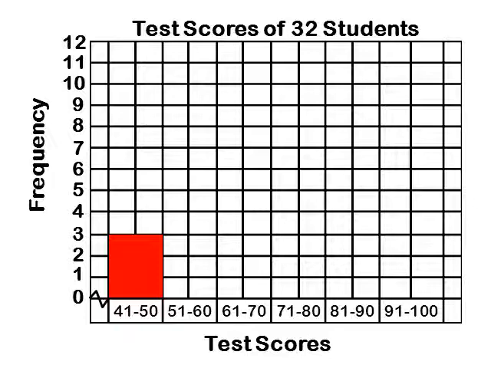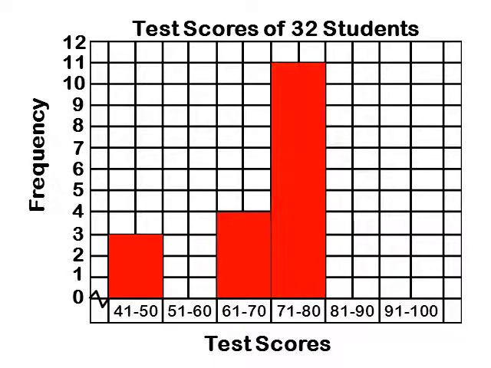So we will not be recording any information. For 61 to 70, there are 4 scores that fit into that interval, so our bar will reach up to the 4 mark. Our next interval is 71 to 80, so because there are 11 scores in that interval, we will make sure that our bar reaches the 11 mark.